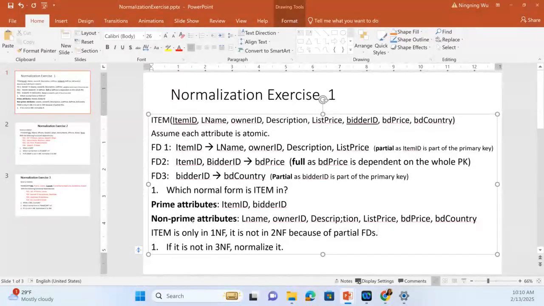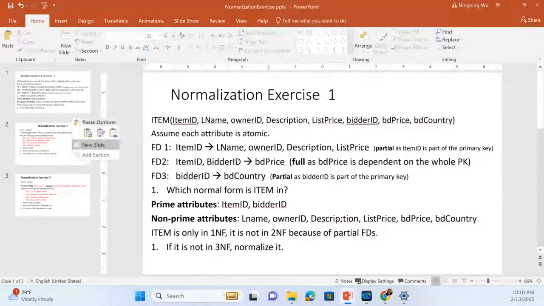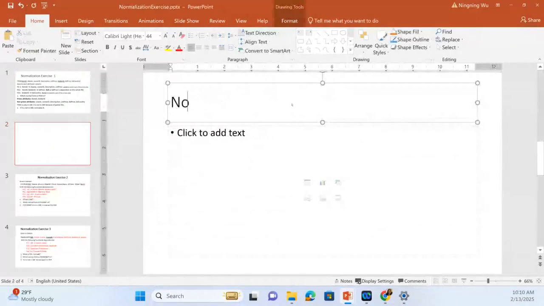If it is not in 2NF, we don't even need to think about 3NF because 3NF must be 2NF first, okay? Then the question here is, if it is not in 3NF, normalize it. So the normalization should be simple. We simply follow that normalization algorithm, okay?